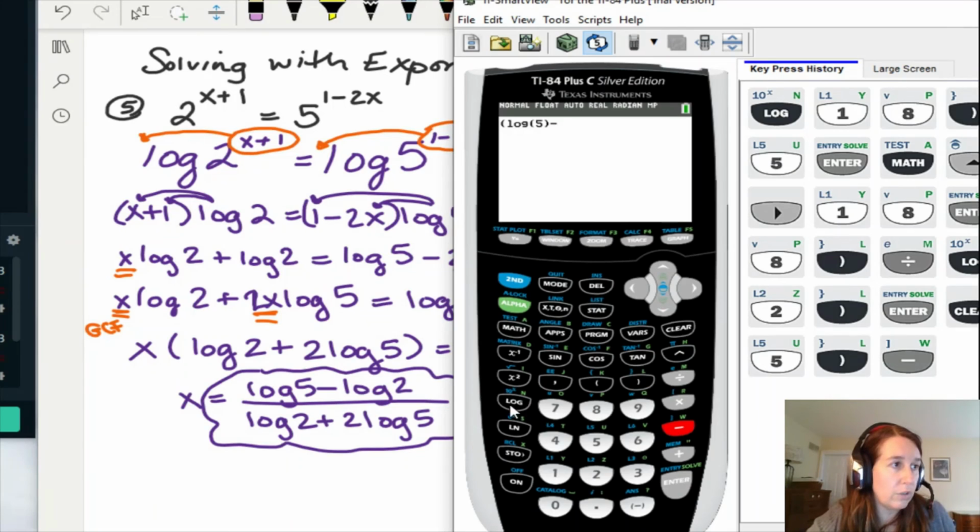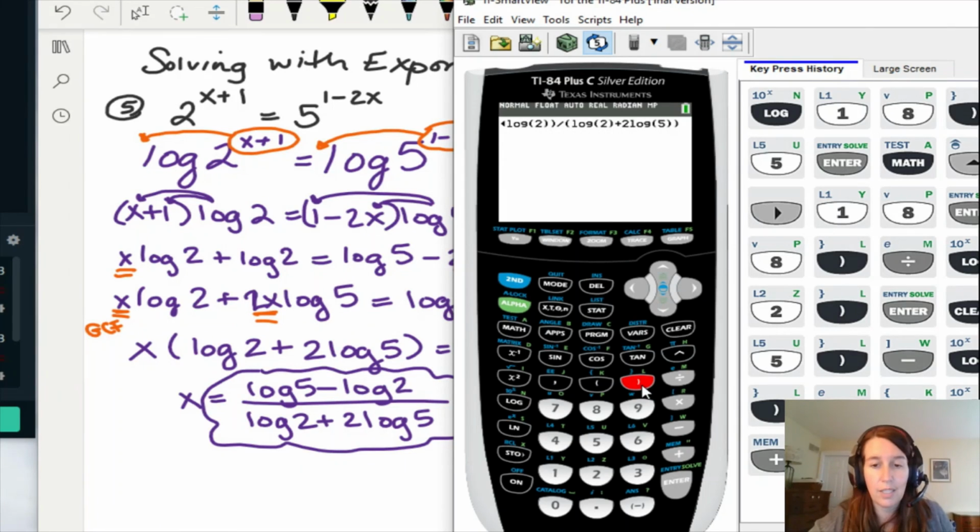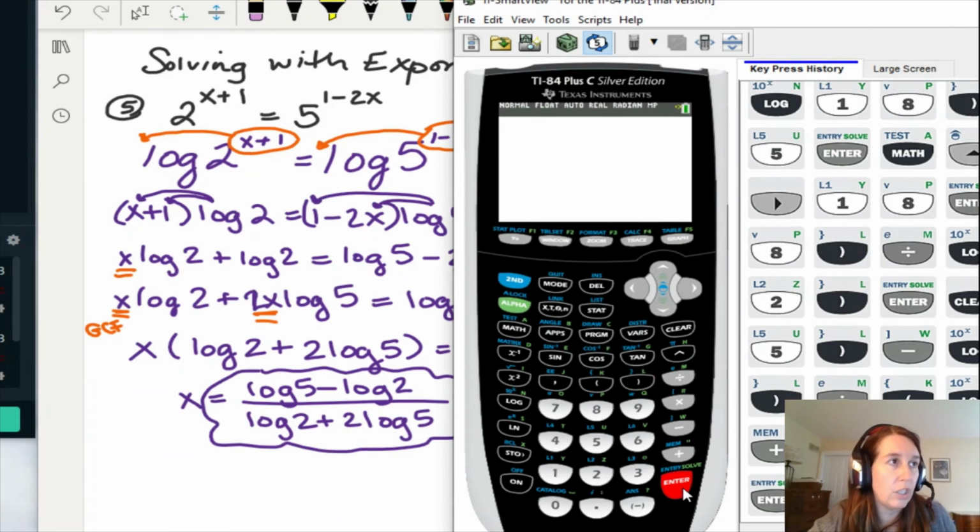Minus log 2, that would be 2, close parentheses after that. That's the numerator. Now divide, and then use a parenthesis to say the entire denominator. So parenthesis, then log 2, and parenthesis, plus 2 log 5, and 2 parentheses. That's the entire denominator. Hit enter.